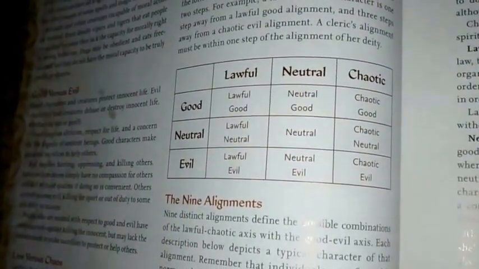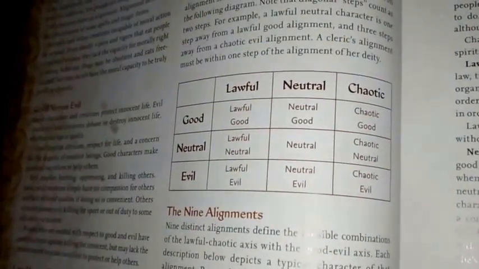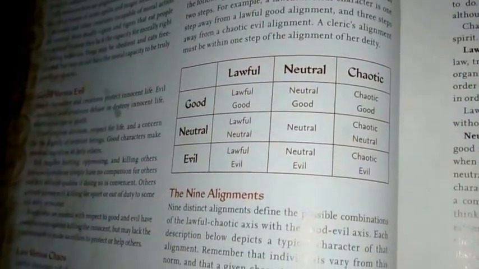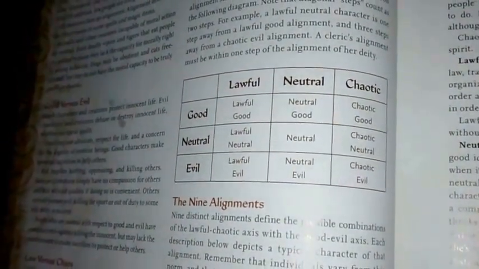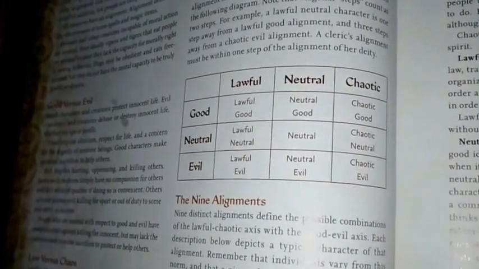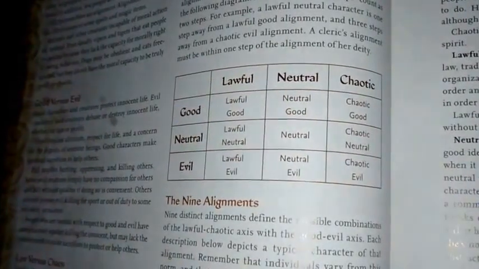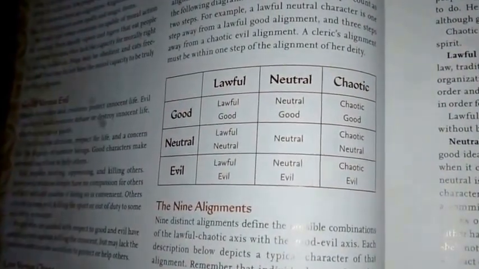Good characters would be the type of characters who go out of their way to help others. Neutral is not really going out of your way to help others, but not really going out of your way to hurt them either, just sort of coasting along. And then evil would be people who want to hurt others, who want to cause harm.